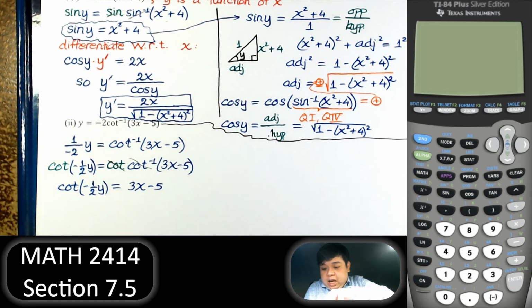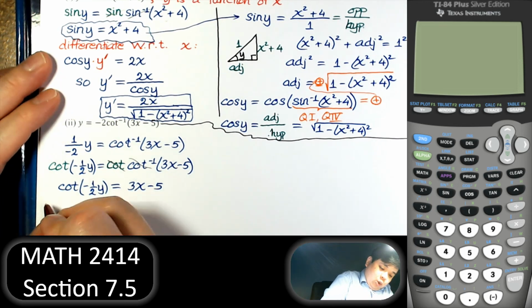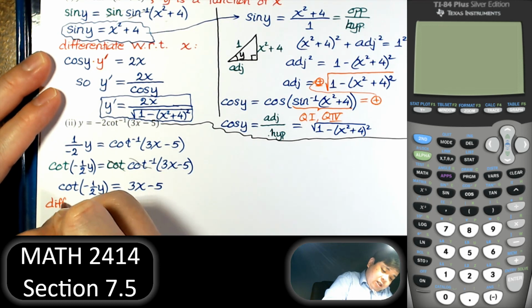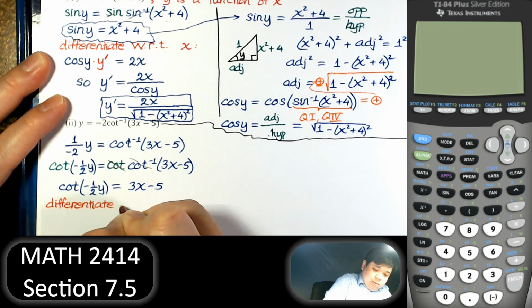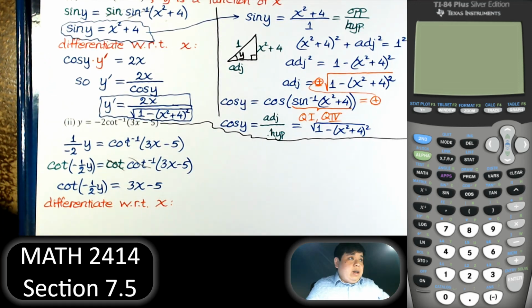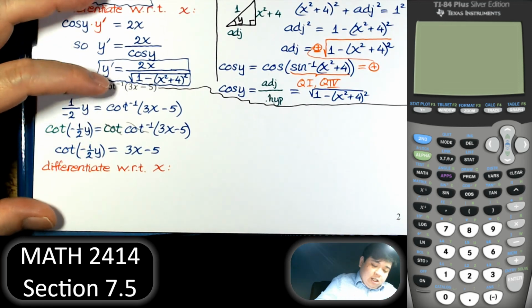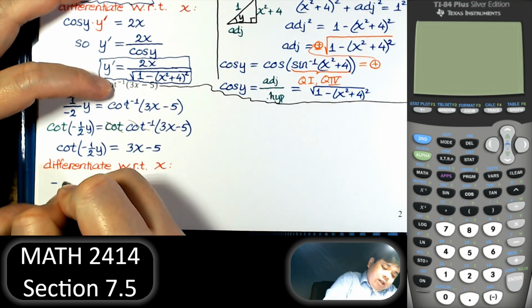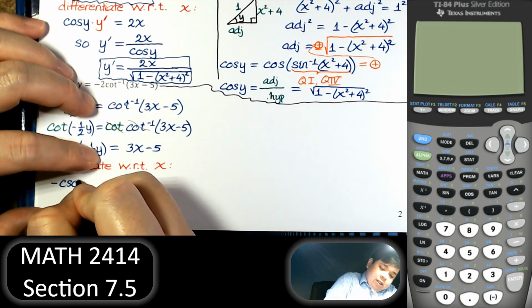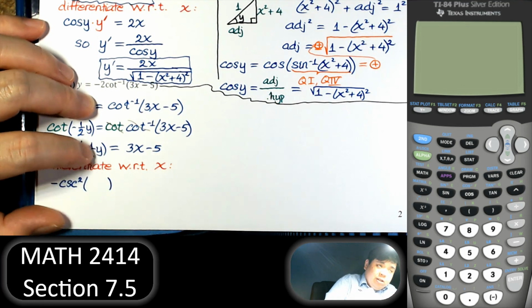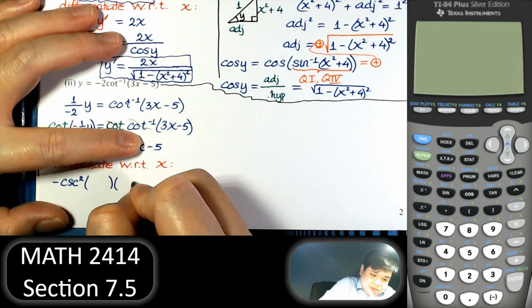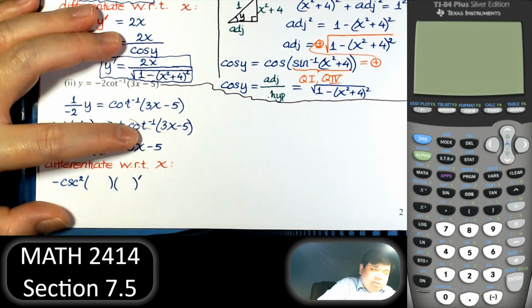Now just like the last problem, we take derivative with respect to x, so we differentiate implicitly. Right, so first, derivative of cotangent is negative cosecant square of something, and then that something's derivative.